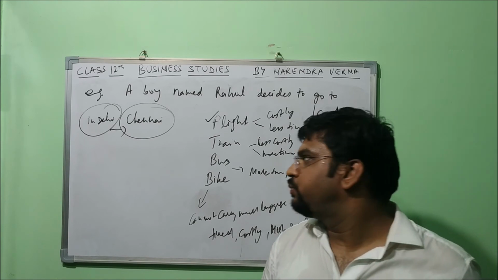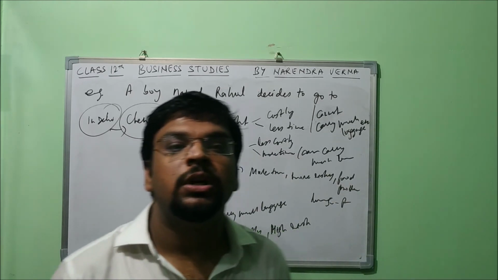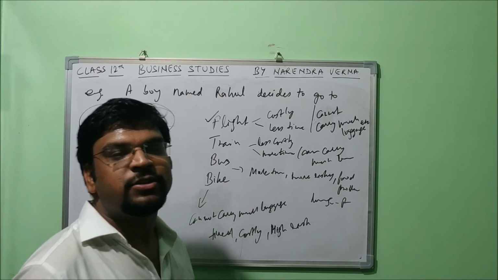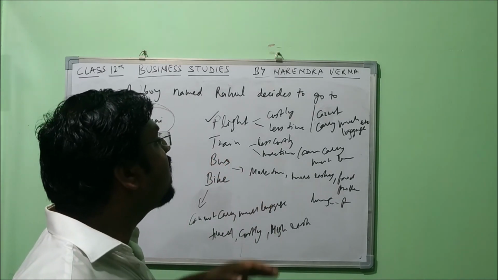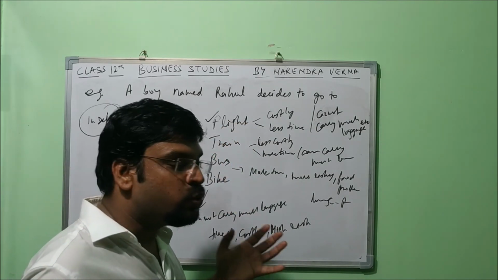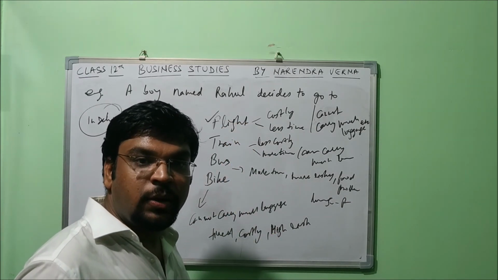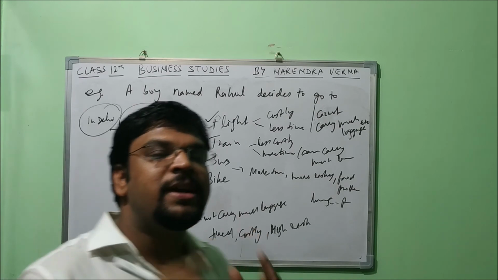Understood? Now it comes to implementation. What he has to do now is book the flight ticket, and then do the preparation and his packing, etc. So that is all the implementation part.